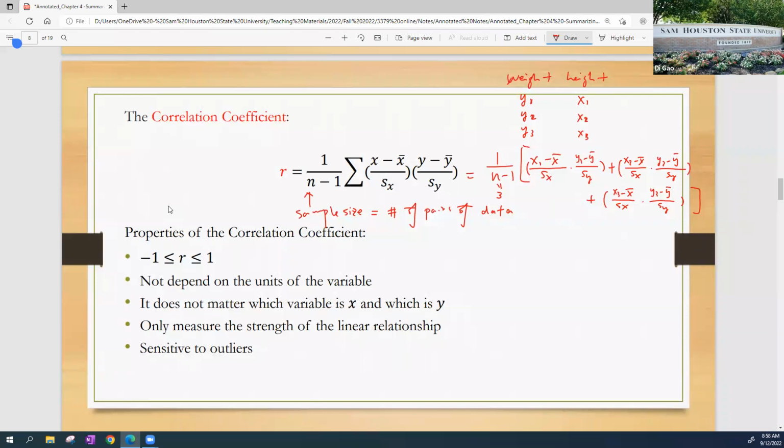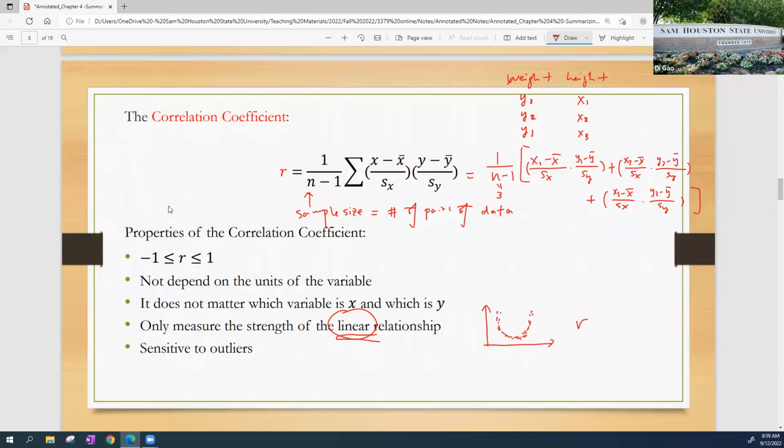It only measures the strength of the linear relationship. So the term linear here is very important. It is not measuring a positive or negative relationship, it's the linear relationship. For example, this kind of data.